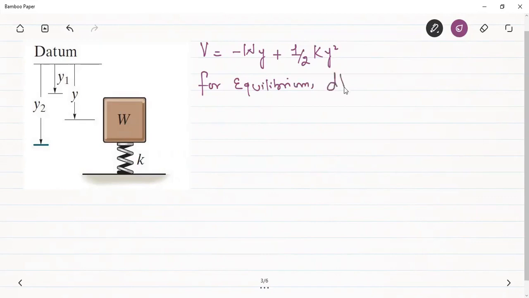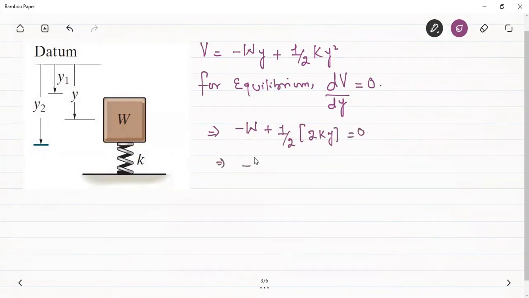For equilibrium, we know that the change in the potential energy of the system with respect to an independent coordinate should be 0. So if I differentiate the above equation, I get minus w plus 1 by 2 times 2ky, and this term has to be 0.